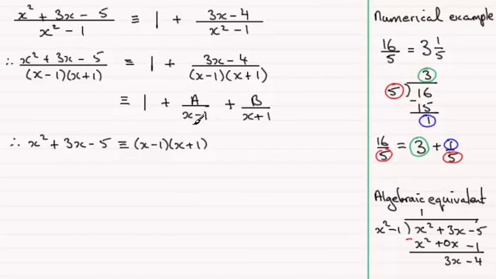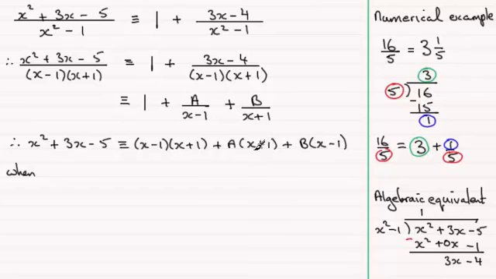When we multiply this term with x minus 1, x plus 1, we're just going to be left with a times x plus 1. And then when we take the last term here, it'll be plus b times x minus 1.